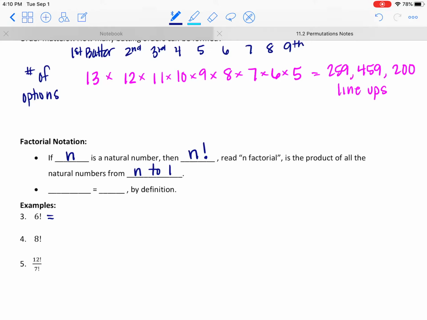So the product of all natural numbers from 6 down to 1, from n down to 1, or 1 to n, either way. So 6 factorial means take 6, multiply by 5, and 4, and 3, and 2, and 1. Or vice versa, right? 1, 2, 3, 4, 5, and 6. So 6 factorial is going to give us some value, okay?